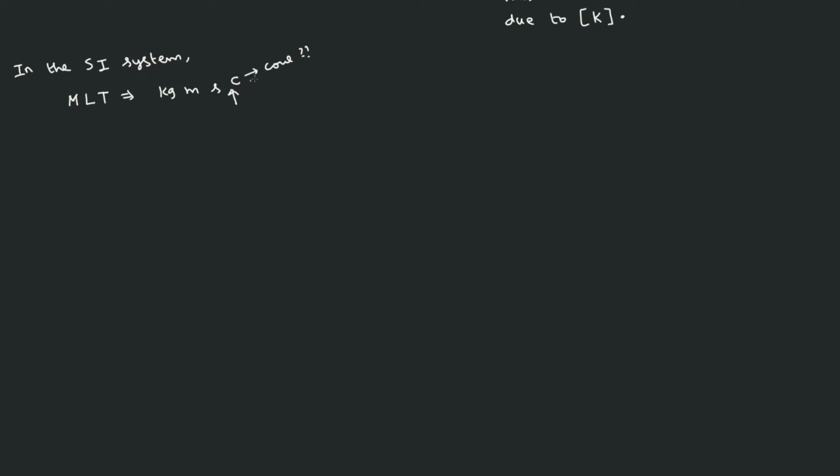People have repeatedly thought about the choices we can have. Shall we have the Coulomb or shall we have the ampere? Because electricity and magnetism are related, the question is whether we add a C here or A here. A is for the ampere.